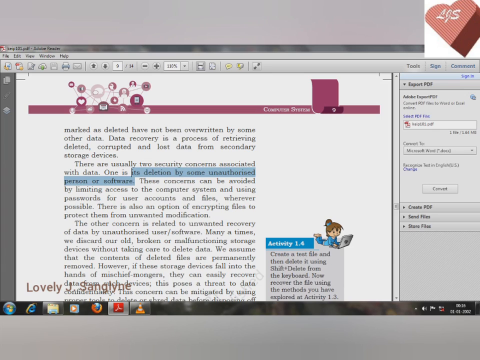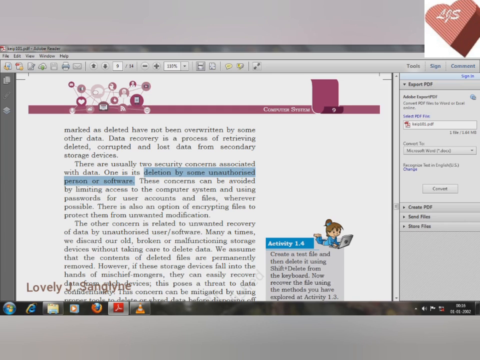One is if deletion is done by some unauthorized person or software, and the other is the unwanted recovery of data by an unauthorized user or software.